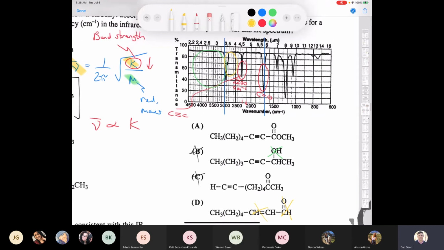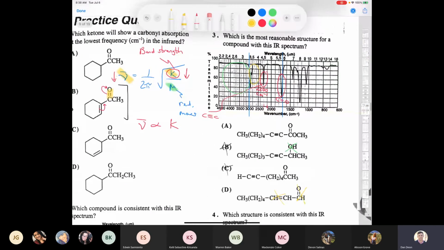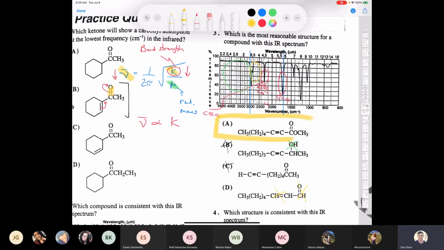Could anybody tell me why or how I can determine that it's A, the ester, and it's not C? Okay, so the answer is A, but can anybody give me another explanation as to why it's A and not C? What am I missing from C that's not in this spectrum? There's something really important. Yeah, the CO stretch, I agree with you, Allison.